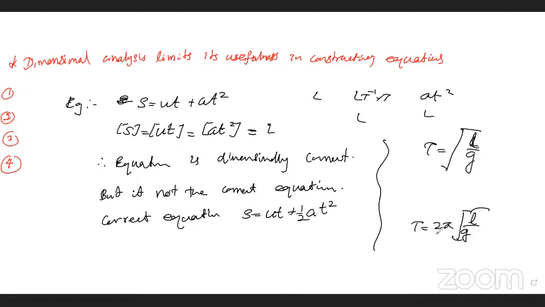Dimensionless constants we cannot tell anything about using dimensional analysis. All are dimensionally equal, but not the correct equation. So you can note it down, right?